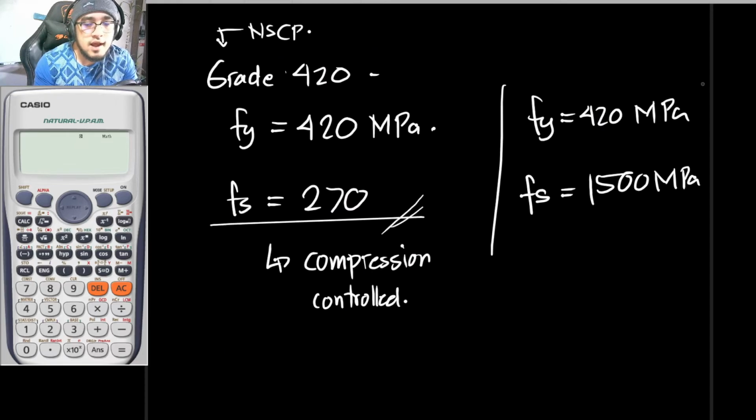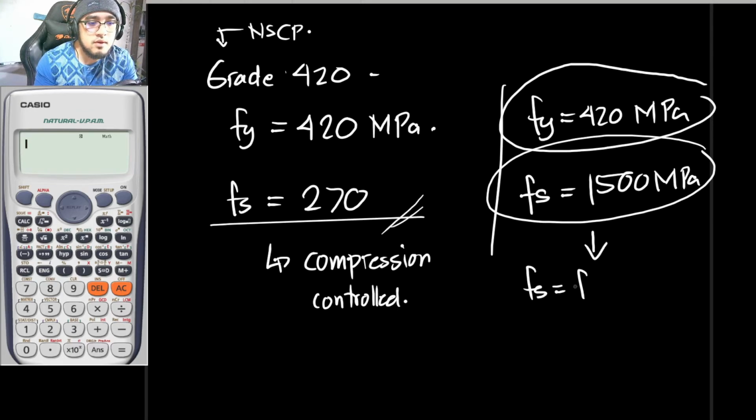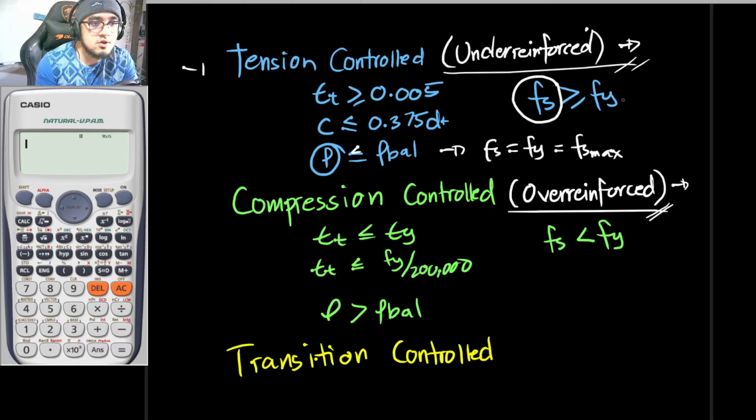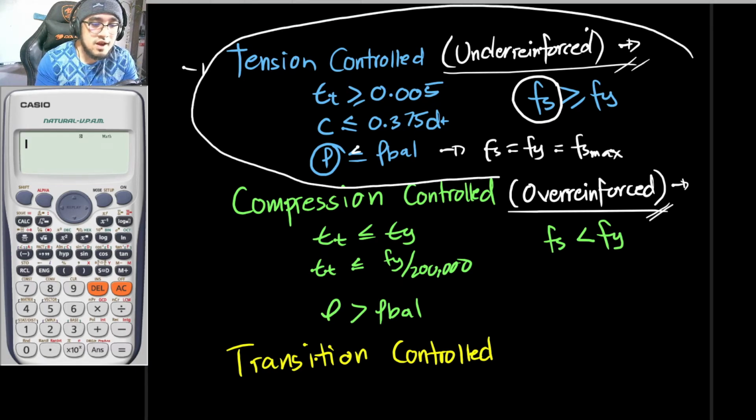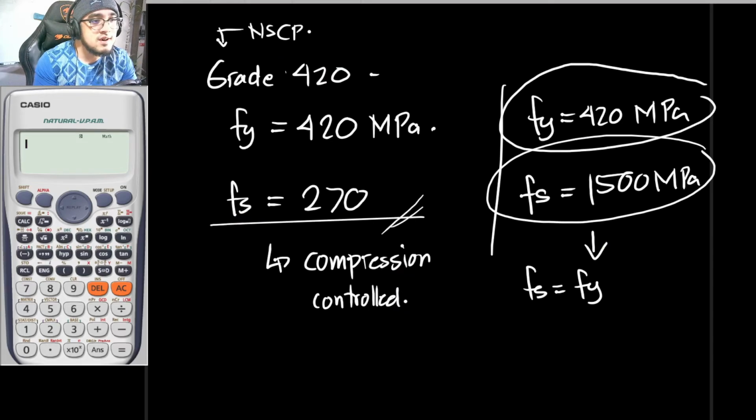So let me repeat, this is only the capacity of your steel, but what you solved is this. So with that, in your analysis, Fs is equal to Fy, since it is tension controlled. I will be explaining to you very soon, in the next video, how we would make use of this using an example.